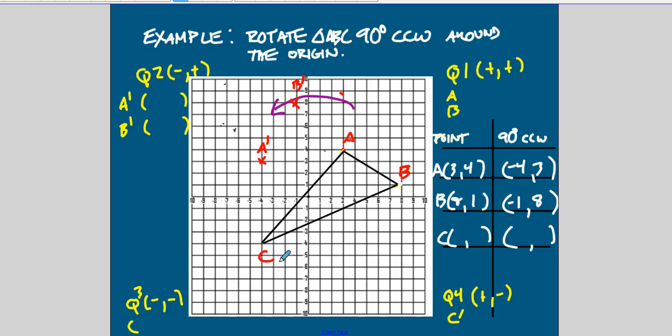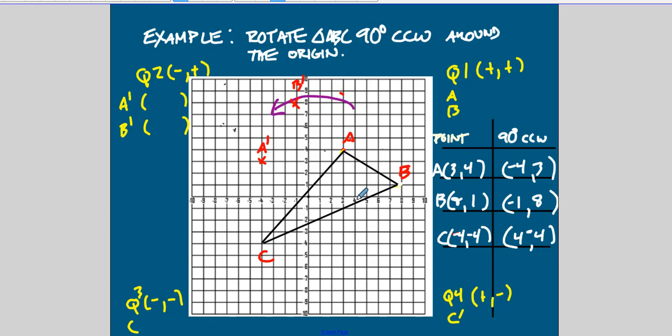Now the coordinates of C are negative 4, negative 4, and you're moving it into quadrant 4. So again, you swap the coordinates, and in quadrant 4 it's positive, negative, so it's 4, negative 4.